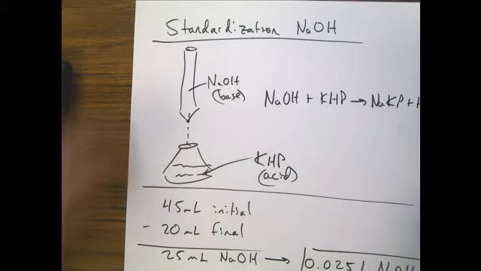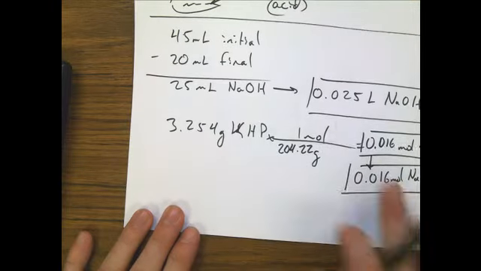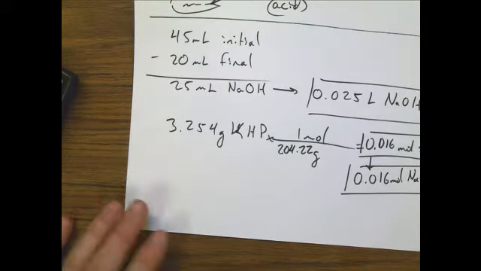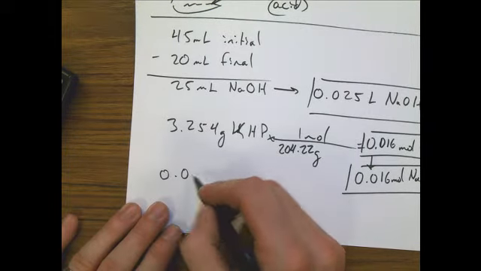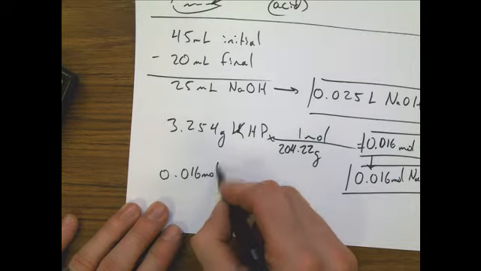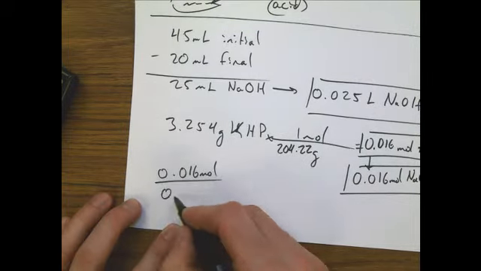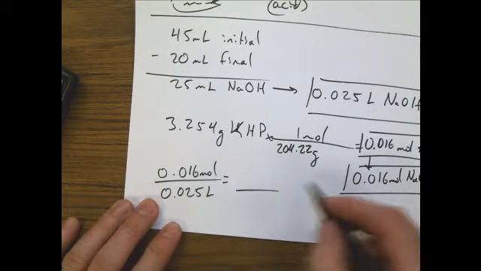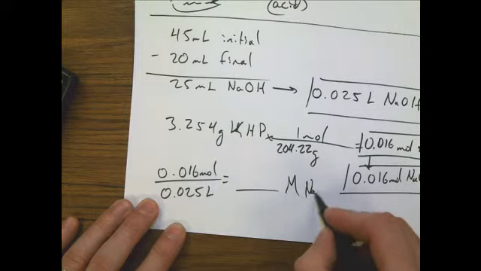All right? So now, you know the moles of NaOH, you know the liters of NaOH. Now you just have to figure out the molarity. And that's a simple division problem. You just take the moles divided by the liters because that's the definition of molarity, it's the moles per liter. So you divide those two, and then you know your answer for the molarity for the sodium hydroxide.